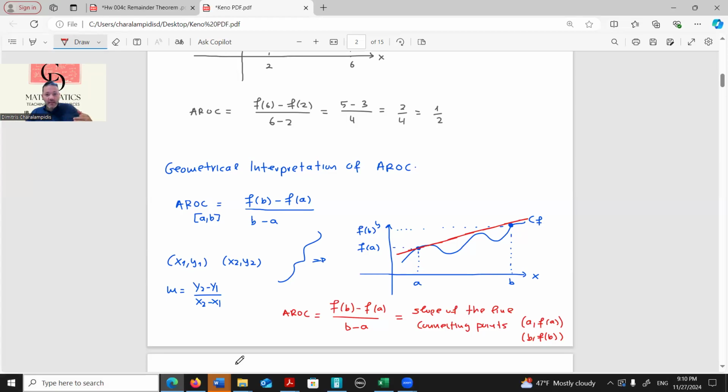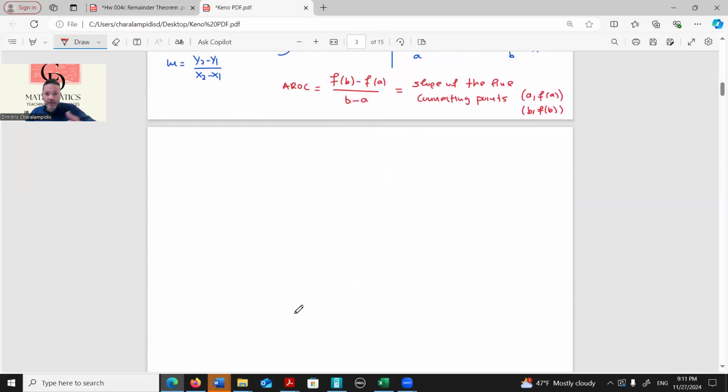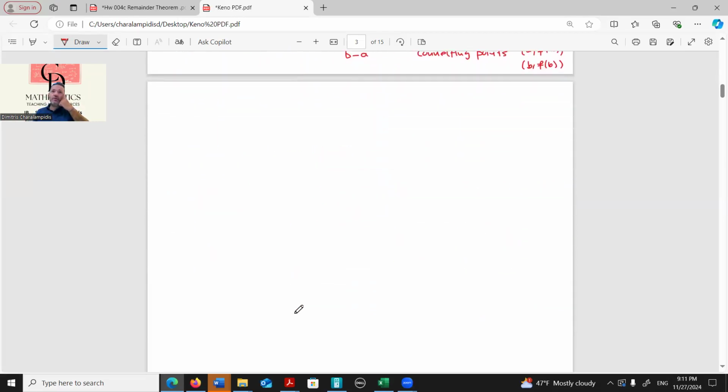Now, let's take it one step further, and let's think about this question. We saw that there can actually be an average rate of change between 2 points, A and B. Can we find an average rate of change at a specific point, at x equals 2? Or is it that we always need to have 2 different points?